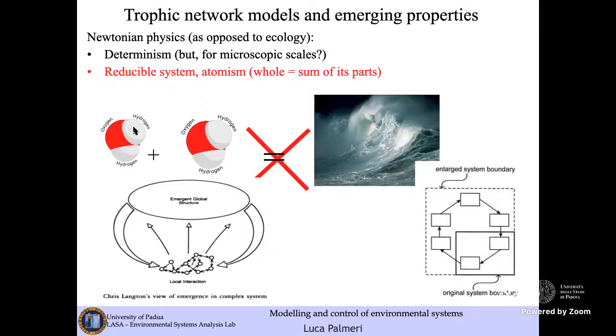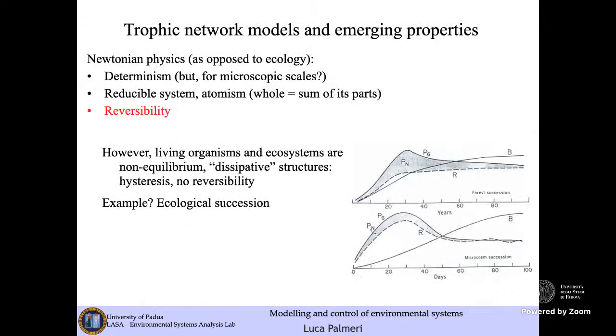What we have to do is include an interaction with system boundaries, and somehow enlarge the system boundaries by including some aspects in order to take into account the emergent properties of complex systems.